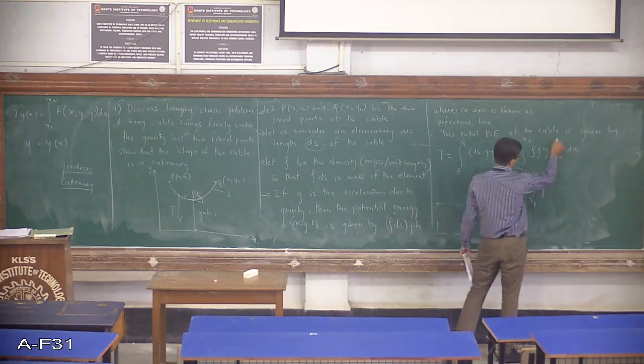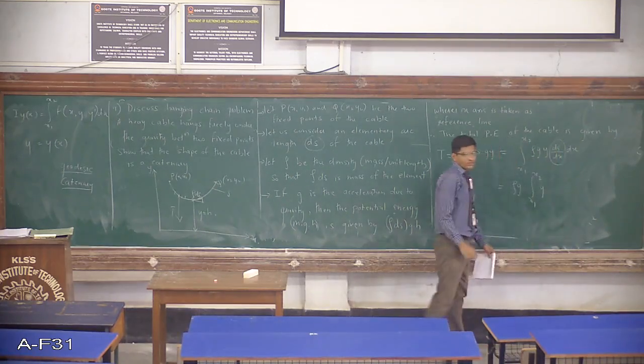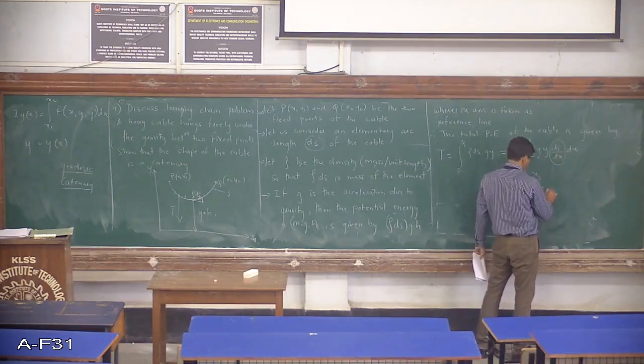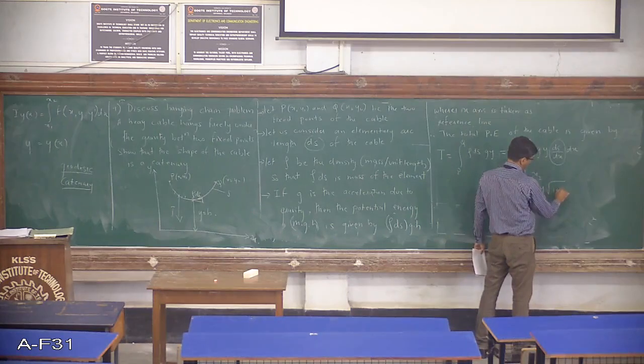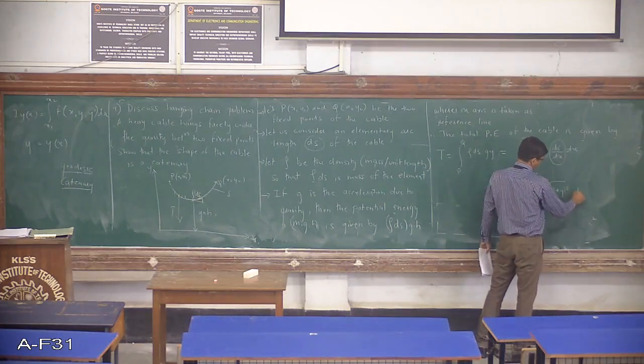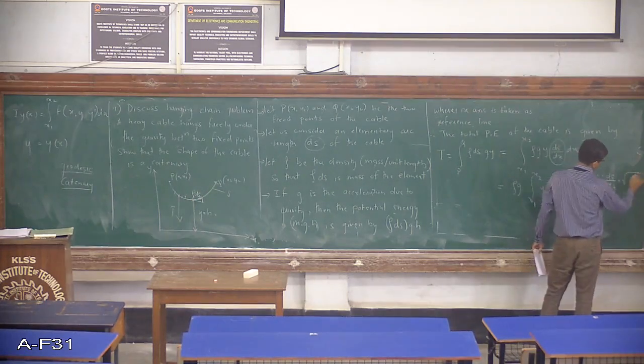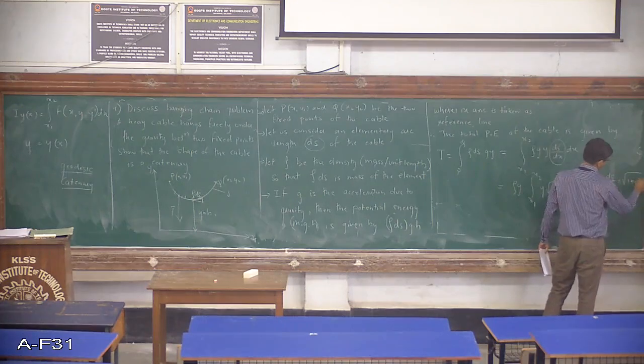So what is ds by dx? It is the curve, that is the arc length, so it is given by square root of 1 plus y1 prime square into dx. So ds by dx is equal to square root of 1 plus y1 prime square.